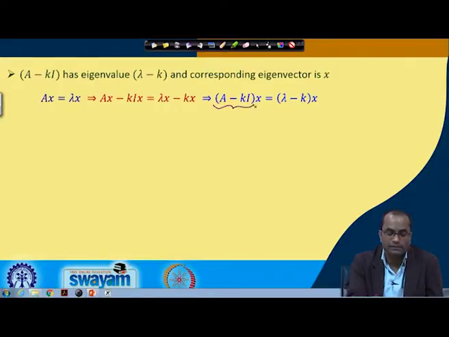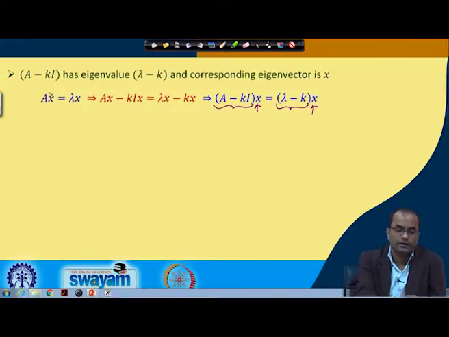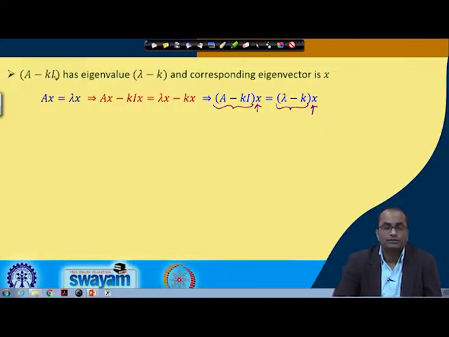So, this A minus kI matrix has the eigenvalue lambda minus k with the same eigenvector x as before. So, this is another result: if we have this new matrix A minus kI, then we know about its eigenvalues from the eigenvalues of A.